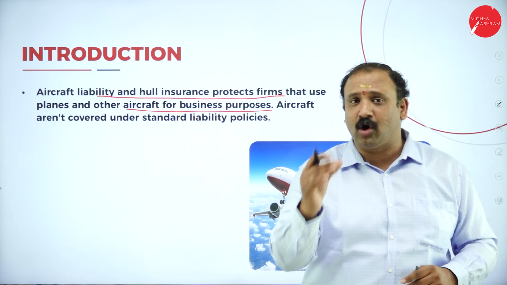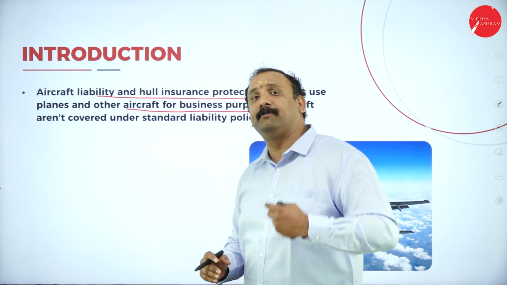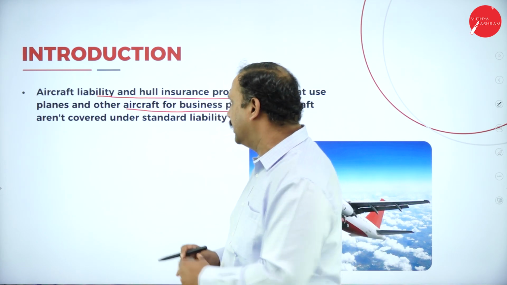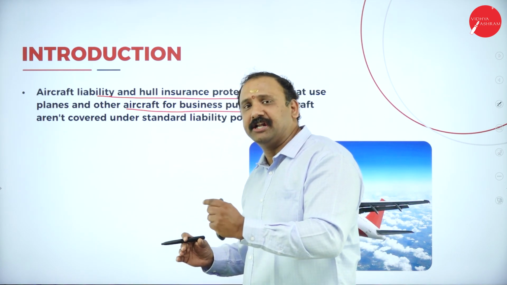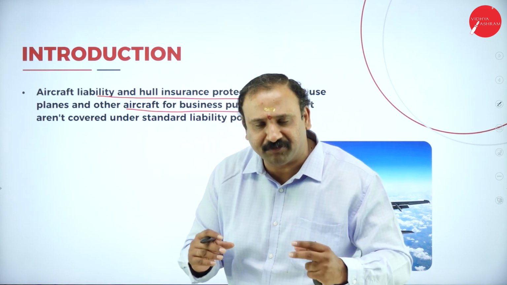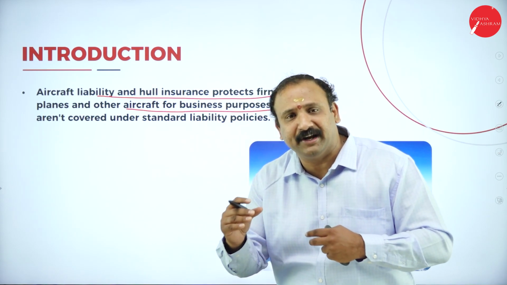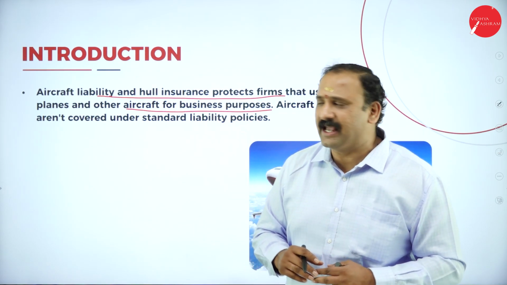But then there are also private airline companies which use aircraft for business purposes altogether. So in whichever section you are using your aeroplanes, your aircraft business, we have a protection plan to stop you from any kind of losses or any untoward emergencies.